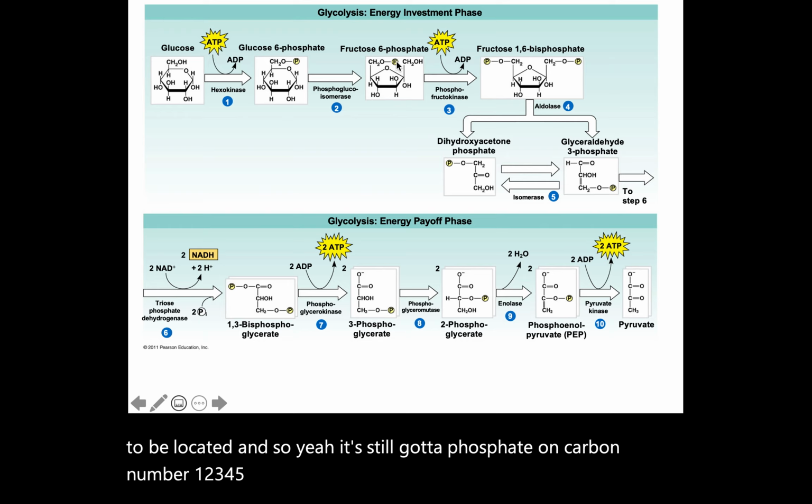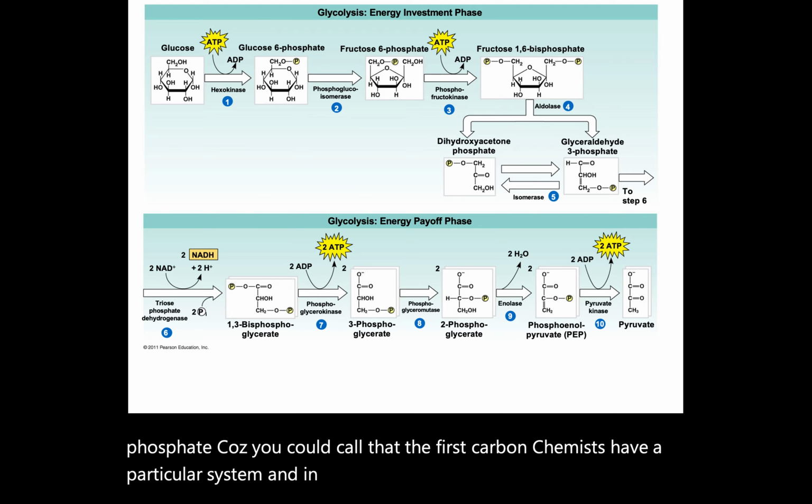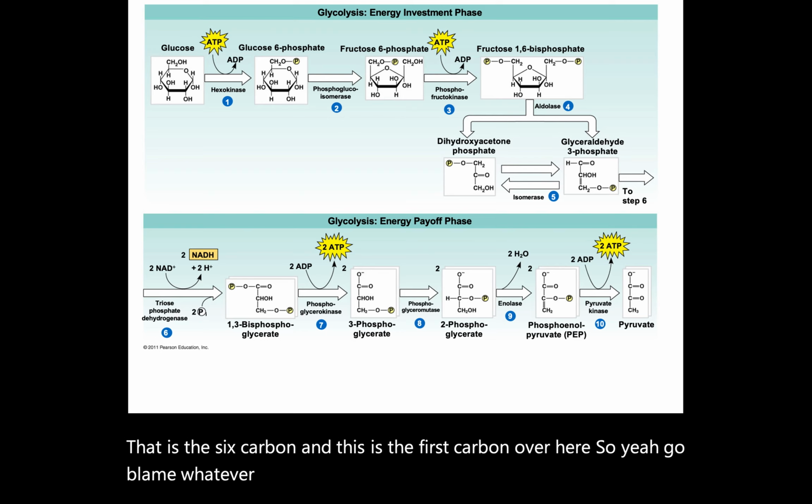So it is fructose 6-phosphate. Why isn't it fructose 1-phosphate? Because you could call that the first carbon. Well, chemists have a particular system. And in the particular system as applied to this molecule, that is the 6th carbon, and this is the first carbon over here. So, yeah, you know, go blame the whatever International Chemistry Society for that, I guess.